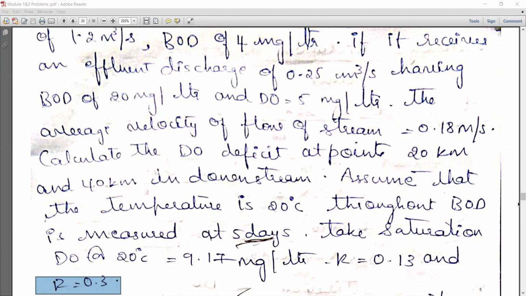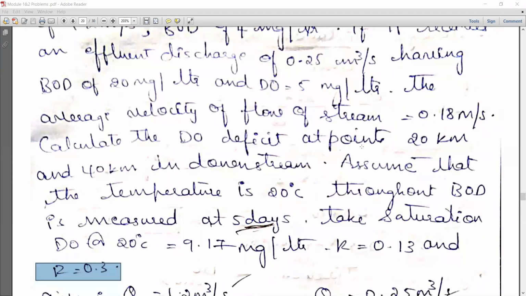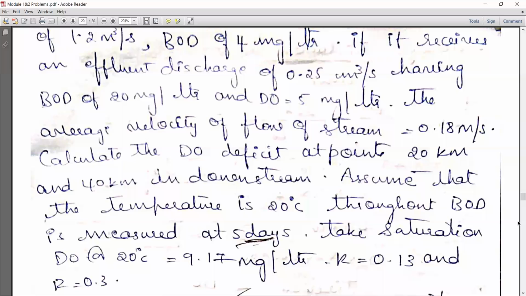Please reply. Till R is equal to 0.3, that much you have to write down. That is the problem statement. Yes, have you written?